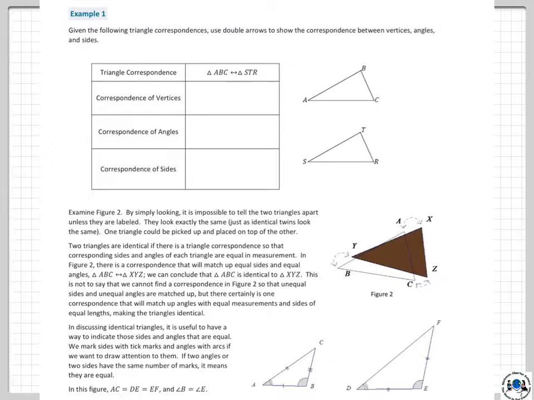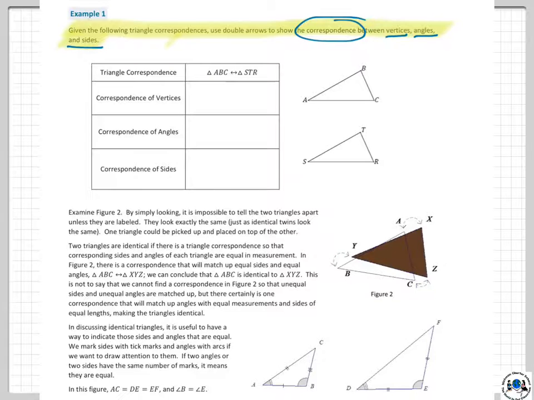Okay, so here we go. Here's example 1. Given the following triangle correspondences, use double arrows to show the correspondence between vertices, angles, and sides.